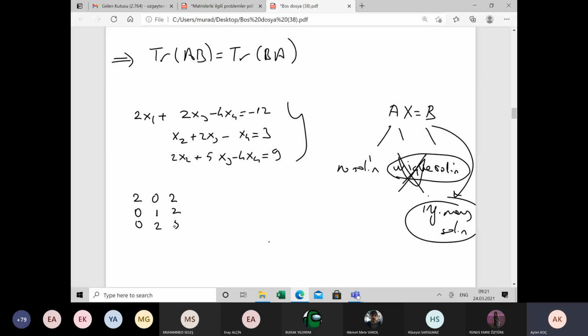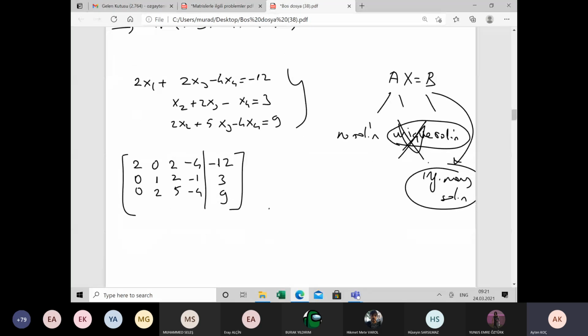Coefficients of x4: -4, -1, -4. And the right side: 6, 3, 9. The left side is the coefficient matrix, and with the right side, this is called the augmented matrix. Our aim is to get the reduced row echelon form, using the Gauss-Jordan reduction method.